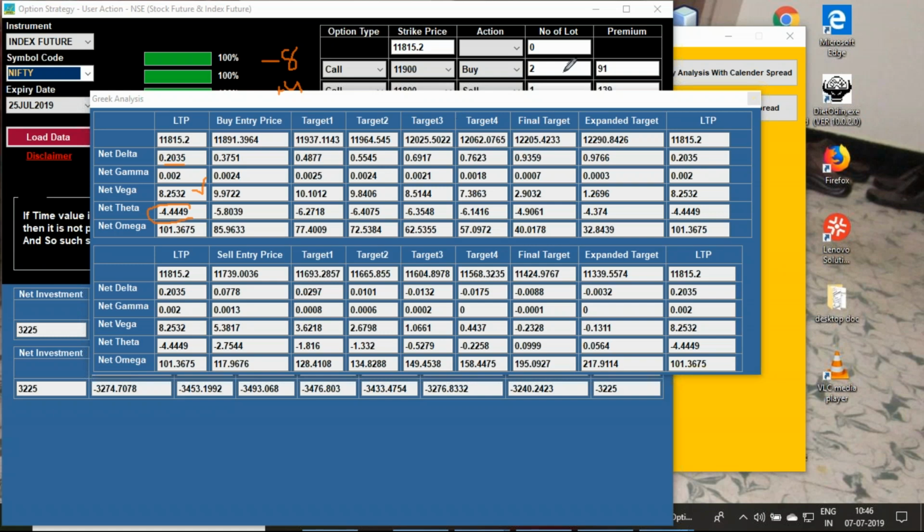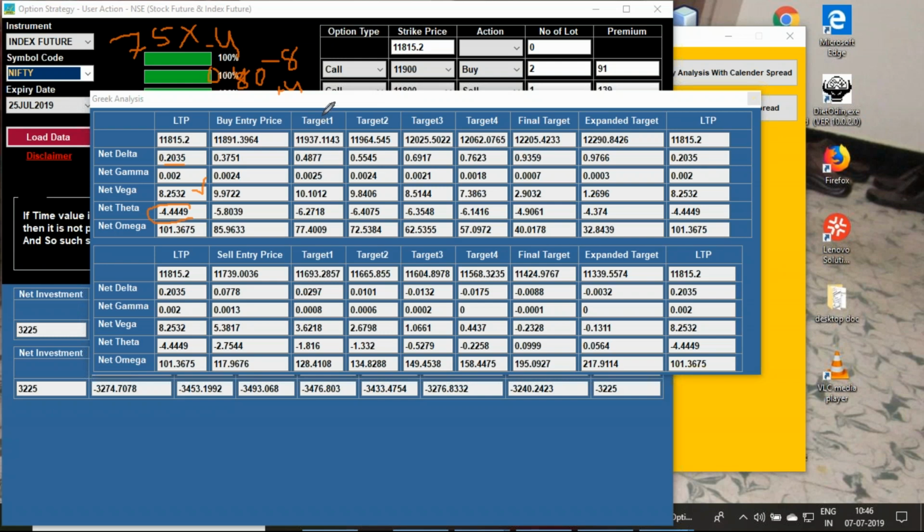Here you are buying two lots, selling one lot, net lot is 75 quantity. So for 75 quantity of the options, 4 rupees loss in terms of theta, and every 1% fall in the IV, I will have almost 82 paisa loss. At the same time, if IV increases, I am going to get 80 paisa.